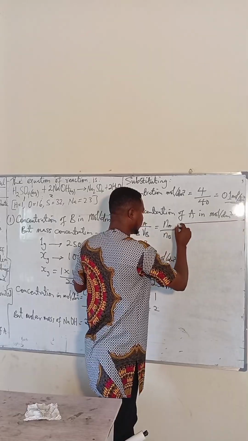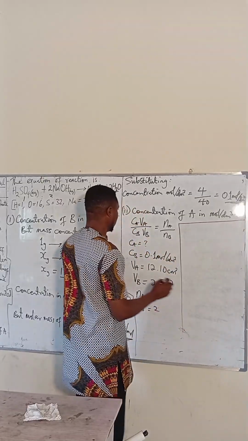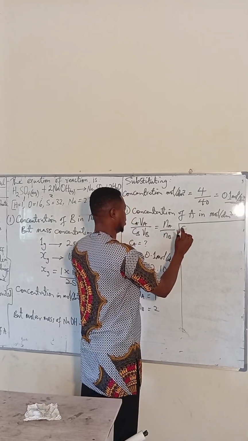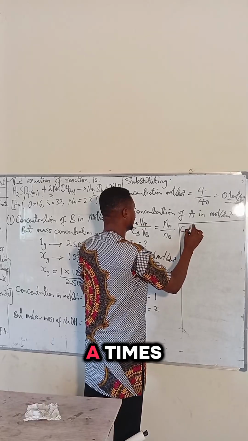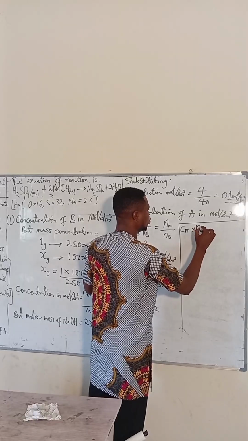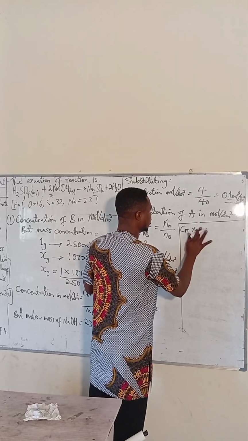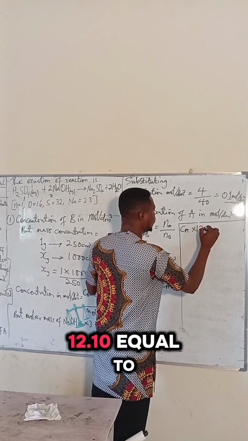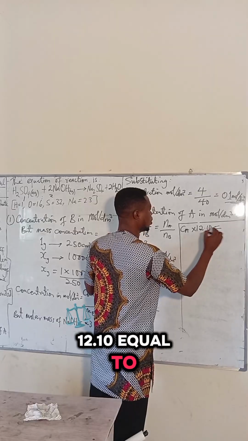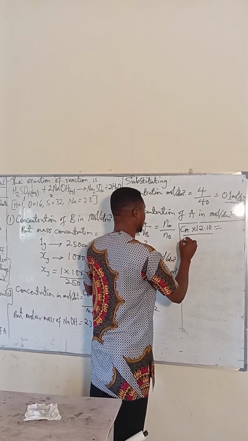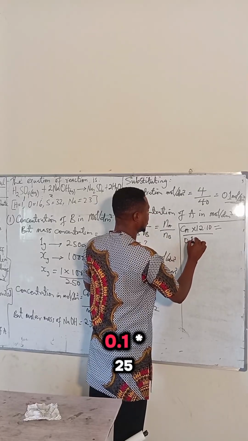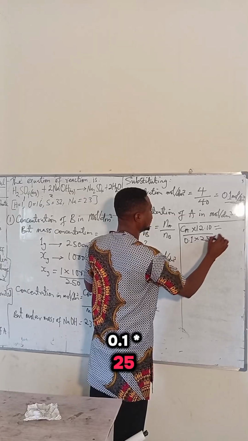Substituting, we have CA times 12.10 equal to 0.1 times 25.